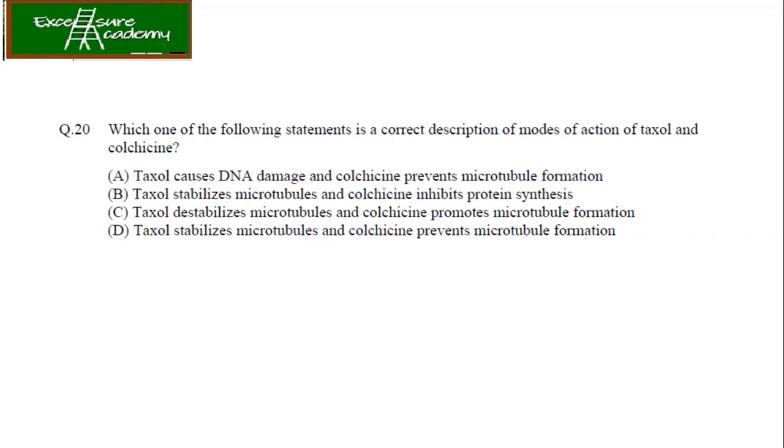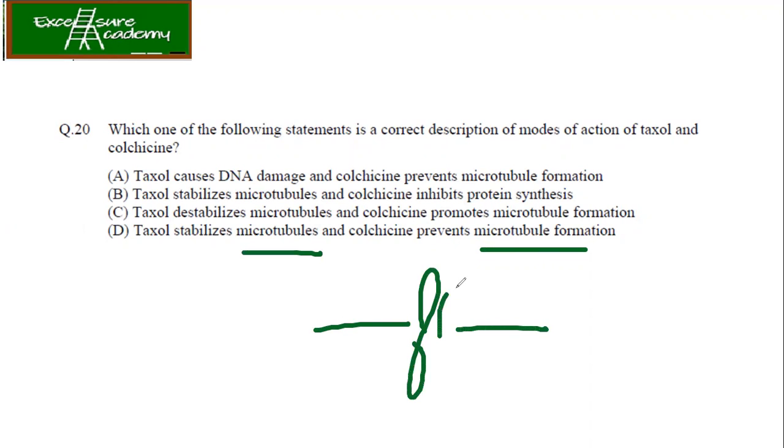The microtubules are not able to bind to the chromosomes, so the cell gets arrested at the M phase only, that is mitosis, in the metaphase. And we use these molecules in order to study the cell cycle or the chromosomes of the cells.